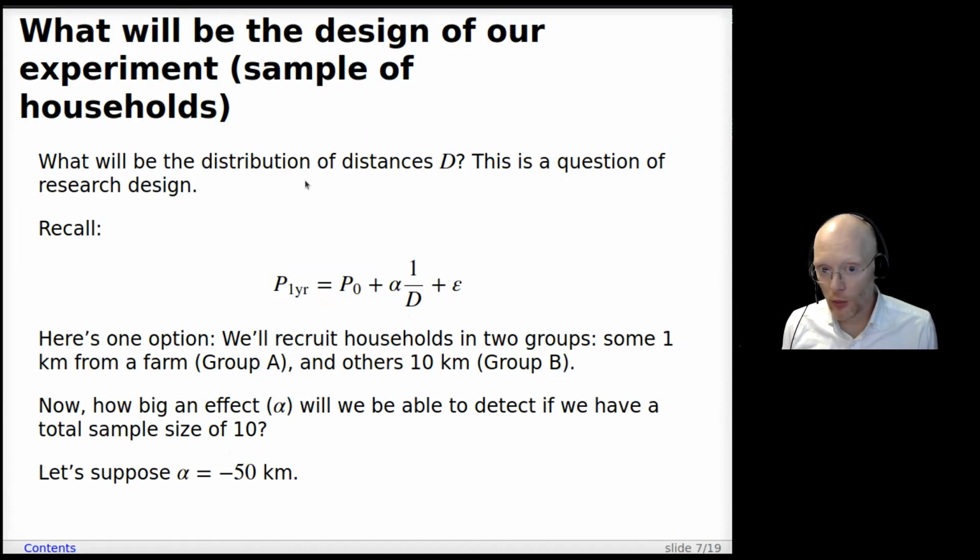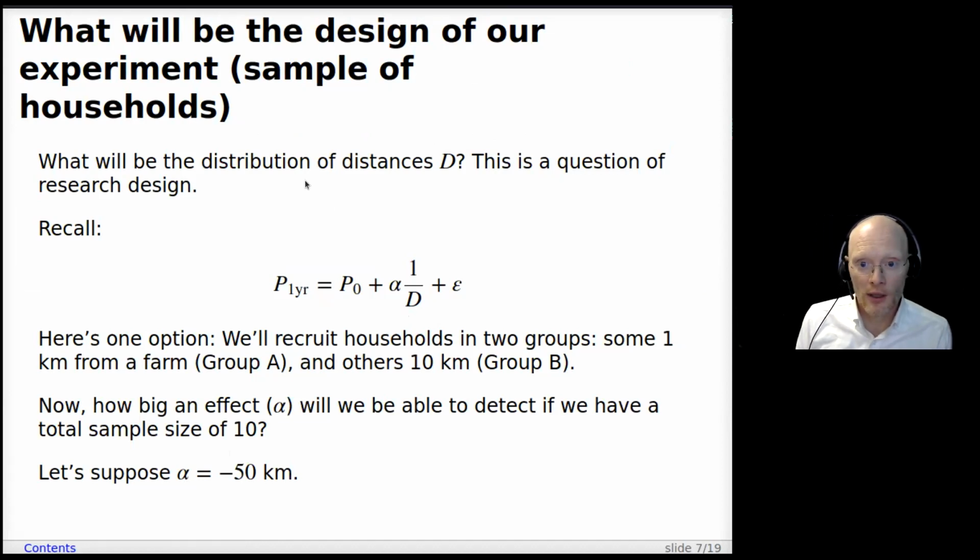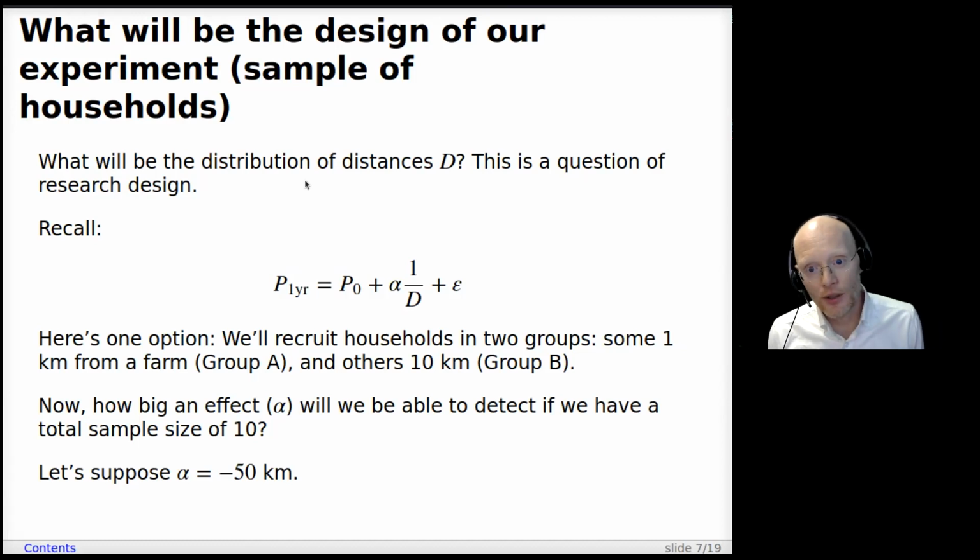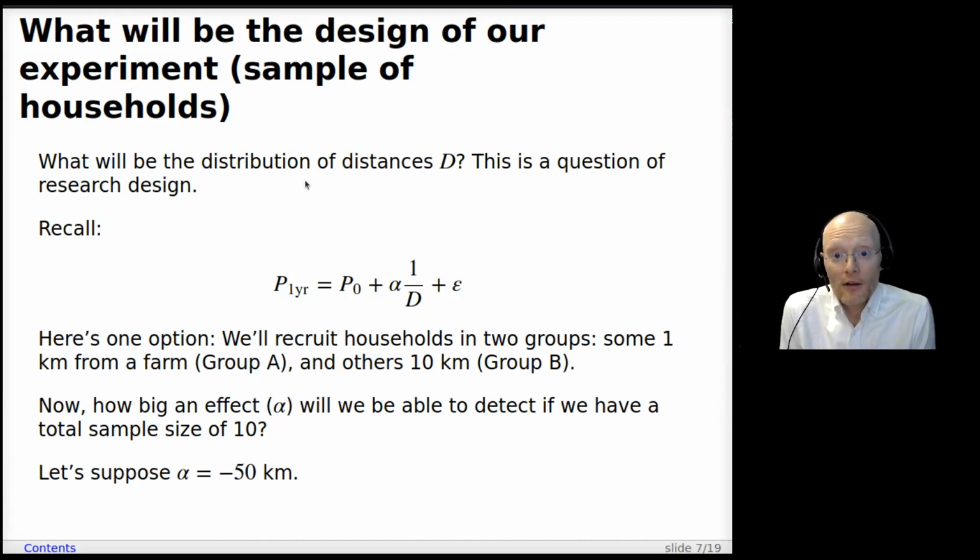So this is only one possibility, but one option is that we take households that are in exactly 2 groups. One group will all be 1 kilometer from a farm, and the others will all be 10 kilometers from a farm. And then all we have to do is compare those 2 groups and see whether the ones who are closer to the farm have smaller populations at the end of the year, and by how much.